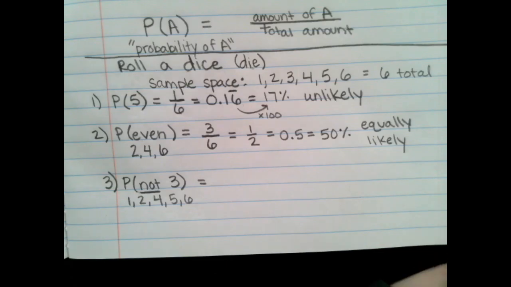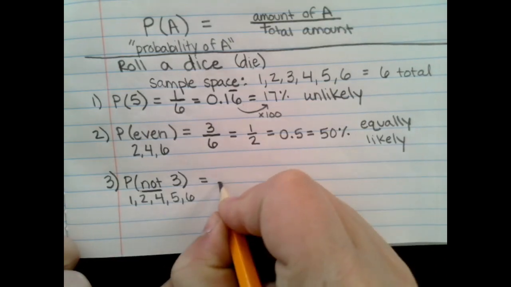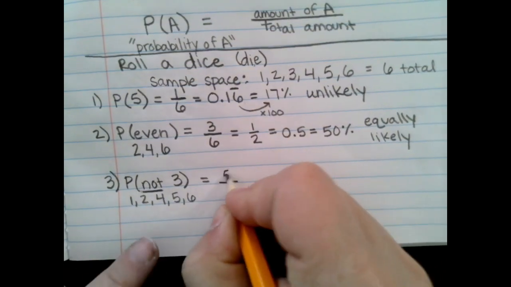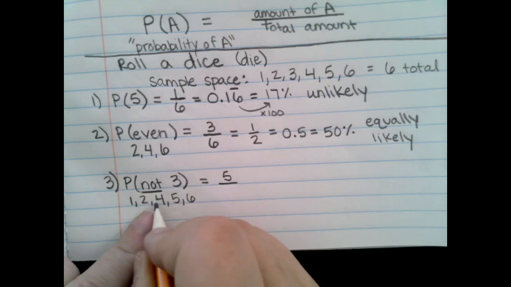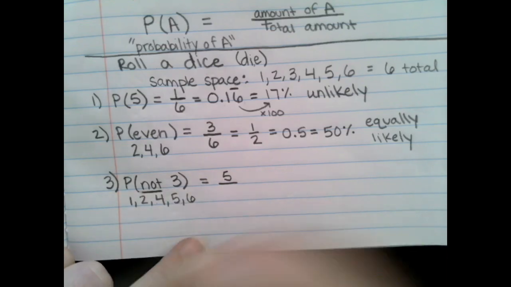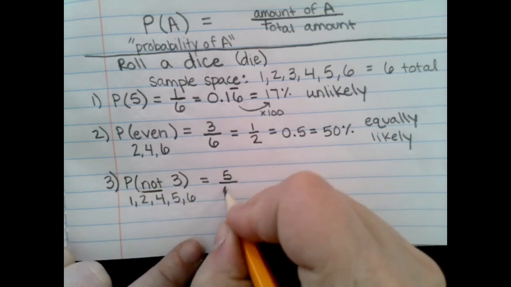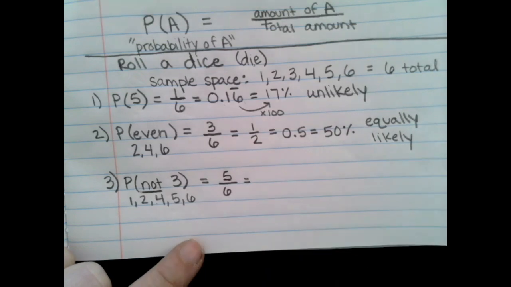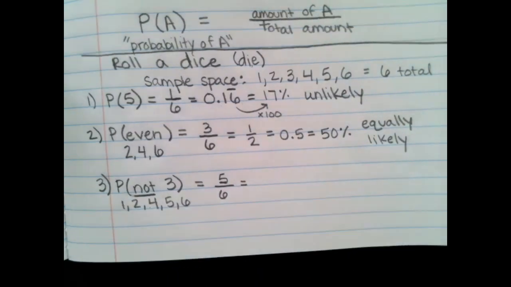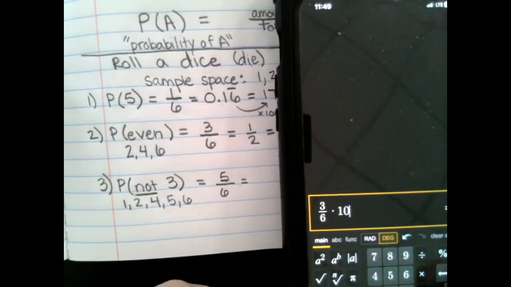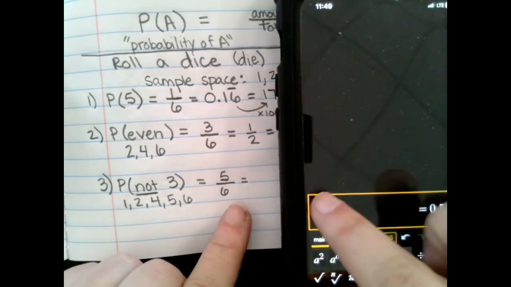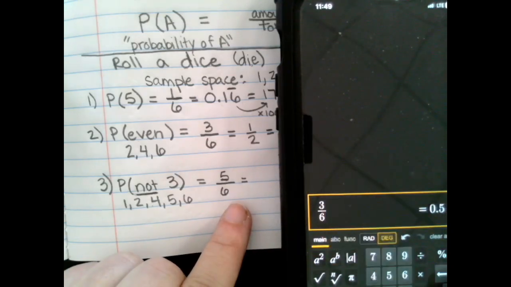Another way to figure out how many there are is there's one 3 out of 6, so how many are not 3s? 5. We can just do 6 minus 1 and we get 5. Or you can list them and count 1, 2, 3, 4, 5 out of 6 options. Okay, so 5 out of 6.